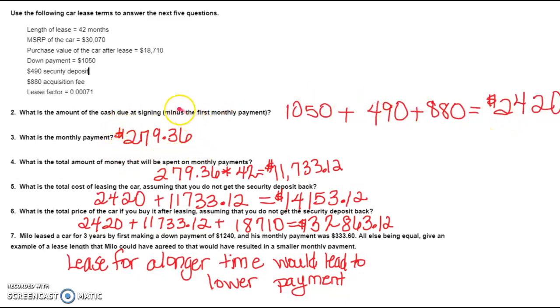Monthly payment, again I put it into the monthly payments lease calculator that we have, and came up with $279.36. What is the total money spent on monthly payments? Since I'm doing 42 payments at $279.36, that gives us a total of $11,733.12.